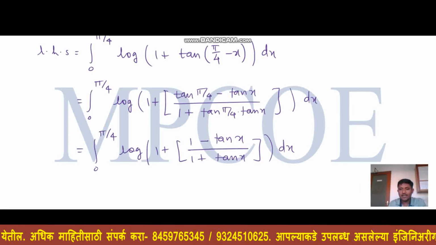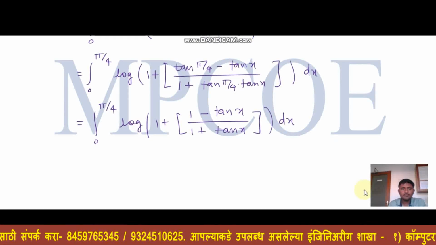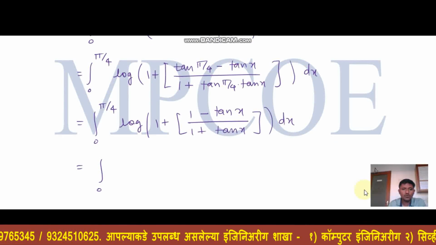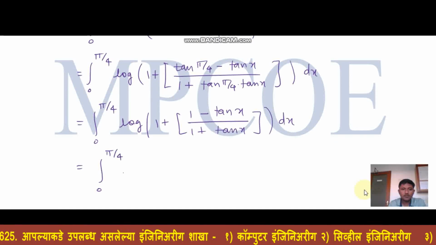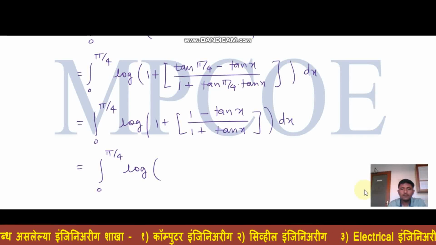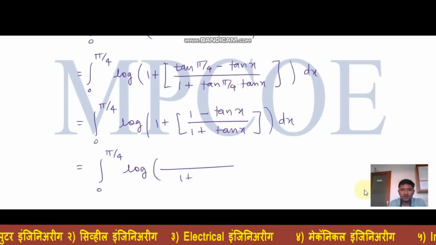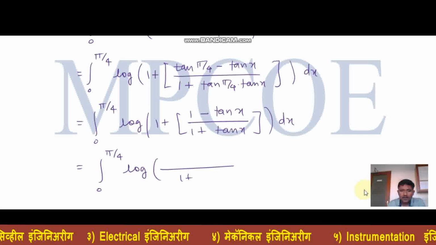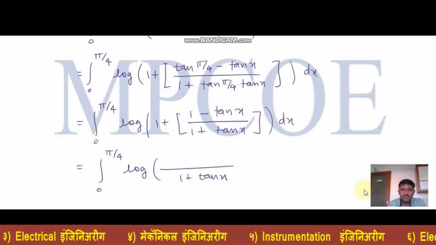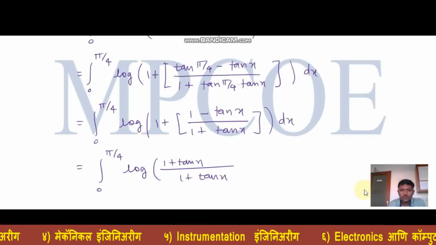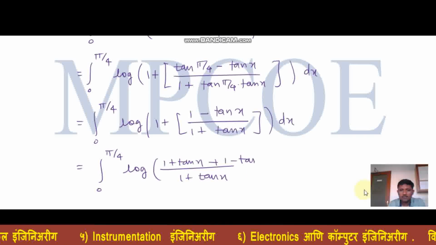Now this can be written as integral 0 to pi by 4 log of, so if we take LCM of this thing, this 2 will get in the denominator 1 plus tan x, in the numerator 1 plus tan x plus 1 minus tan x.